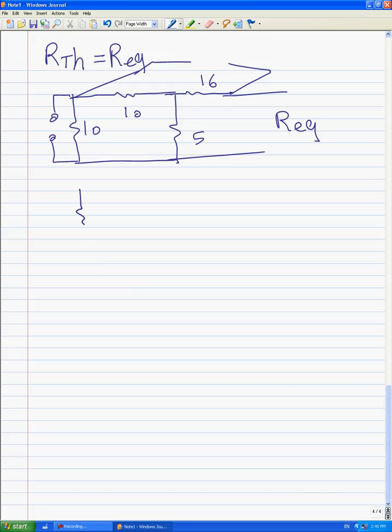The circuit should be simplified like this. We have 10 here, 10 here, 5 here, and 16 here.